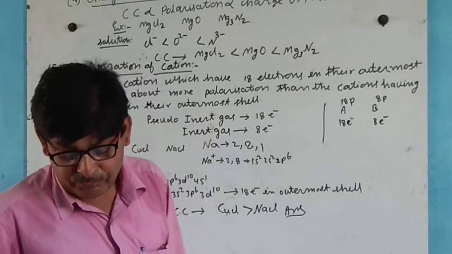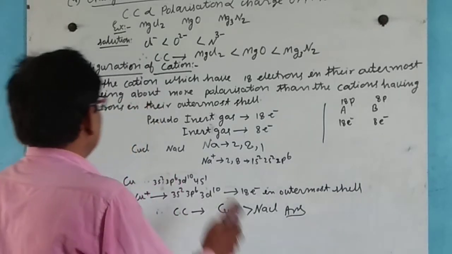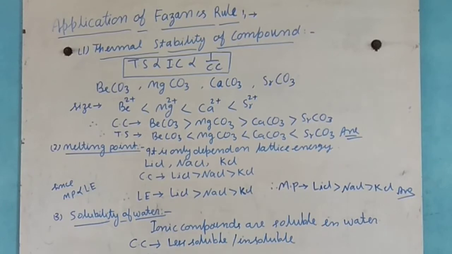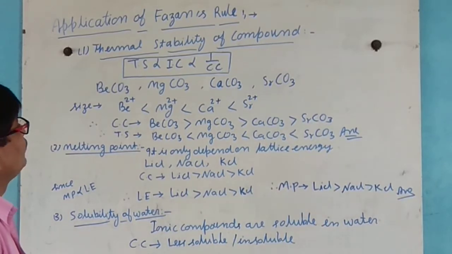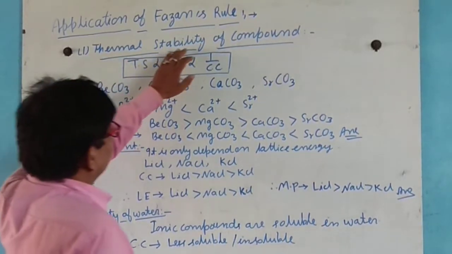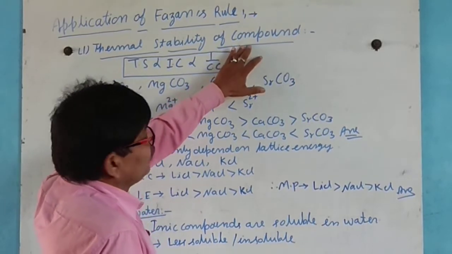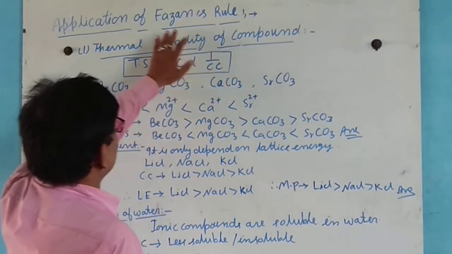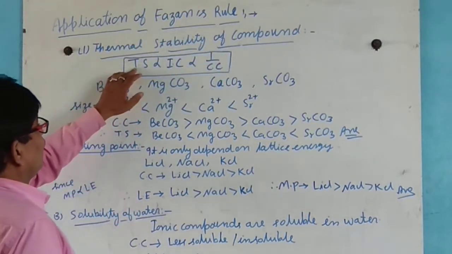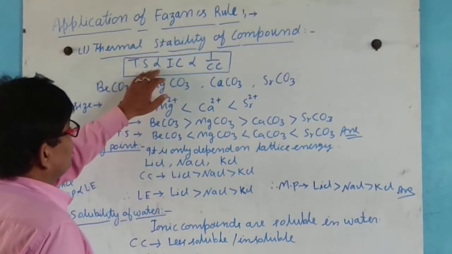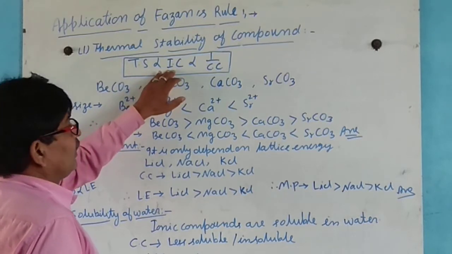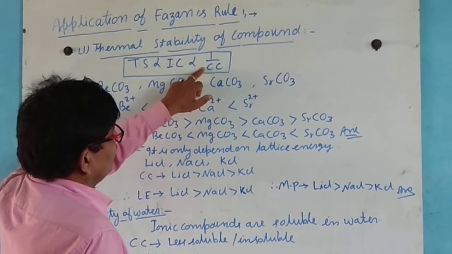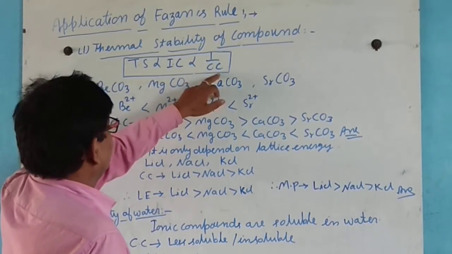Now, application of Fajan's rule. First, the thermal stability of compounds. We compare the thermal stability of compounds with the help of Fajan's rule. Thermal stability is proportional to ionic character and inversely proportional to covalent character.